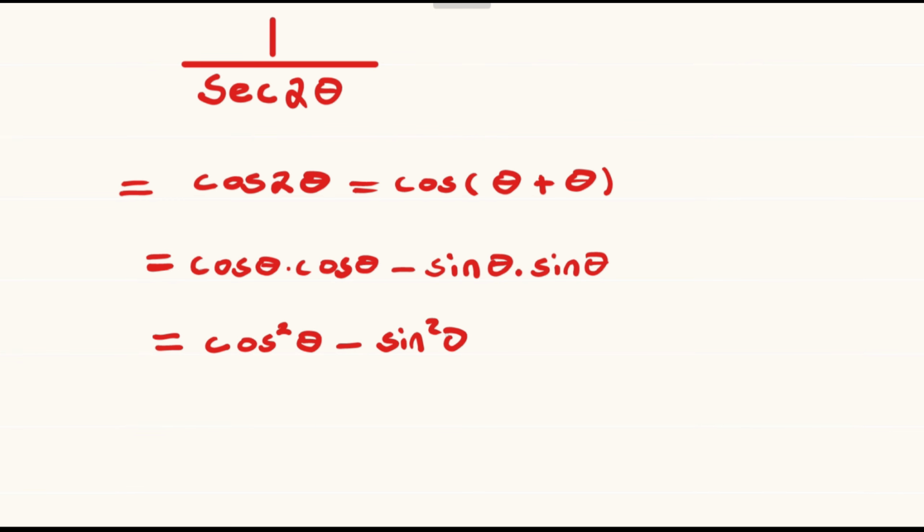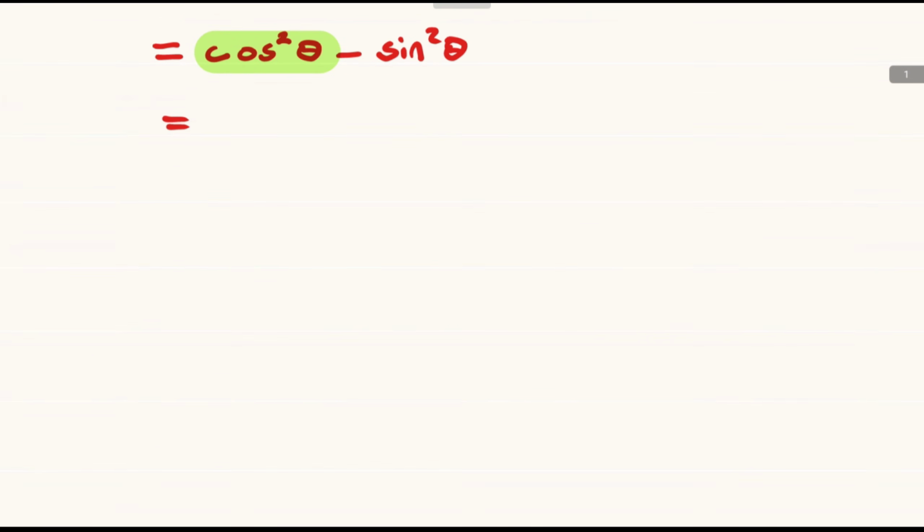So cos theta multiplied by cos theta is cos squared theta minus sin theta by sin theta is sin squared theta. So we can change the cos squared theta because we want the thing in terms of sin theta. To change the cos squared theta, we use the trigonometric identity that we used on the previous question, sin squared theta plus cos squared theta is equal 1, making the cos squared theta the subject of the formula.